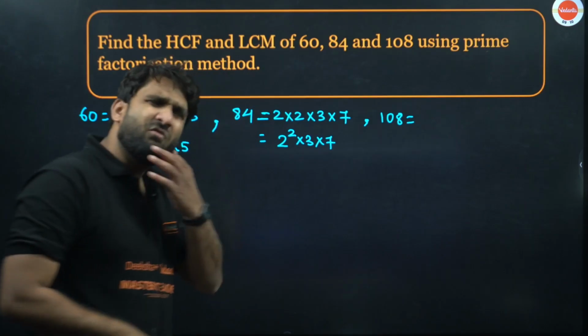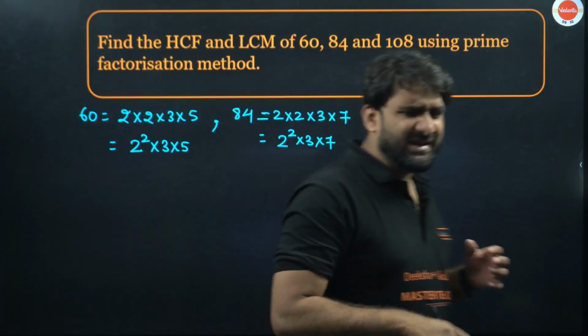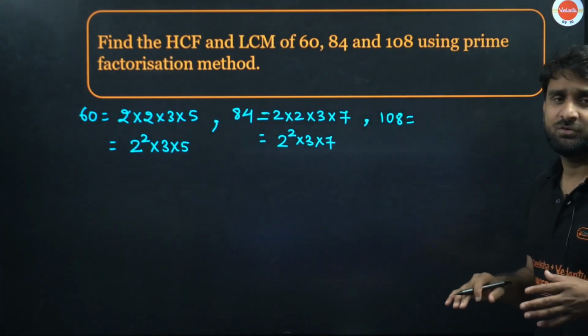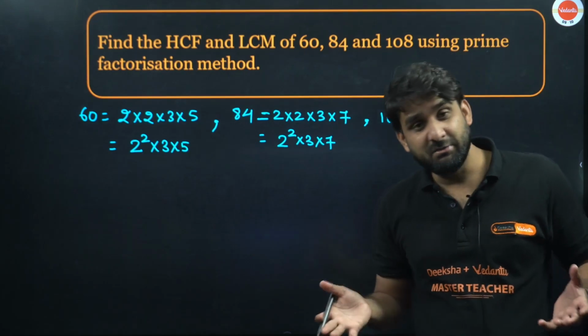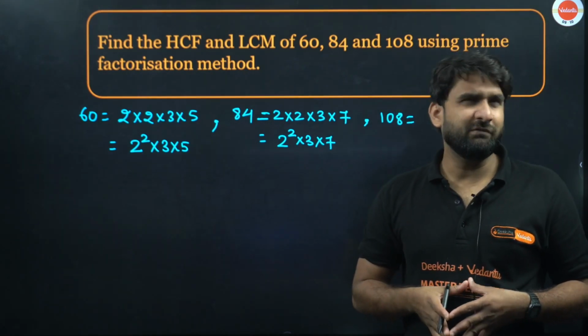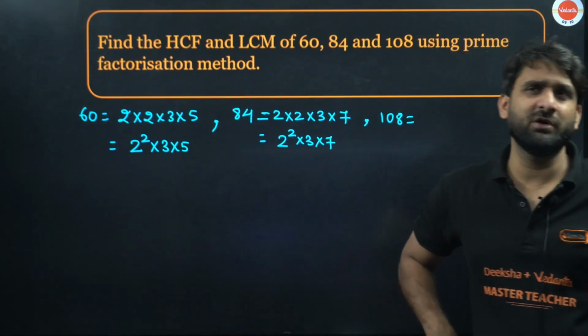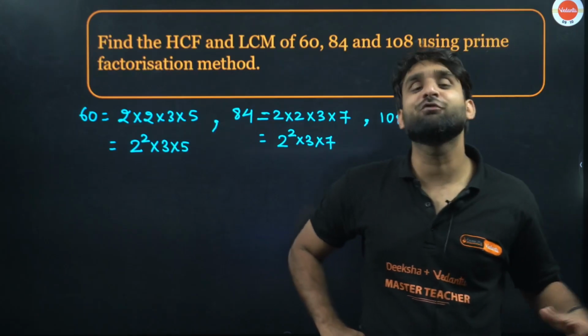Now, moving ahead, we have 108. The ones digit is 8, so it is clear that it can be divided by 2. When 108 is divided by 2, it will be 54.